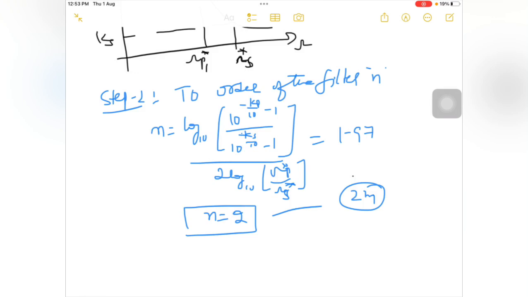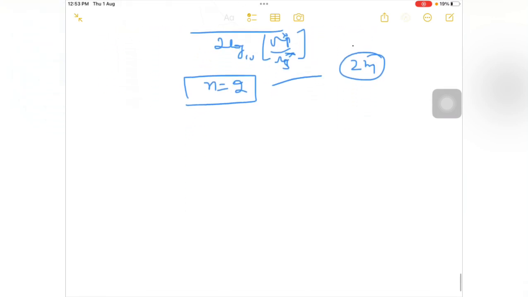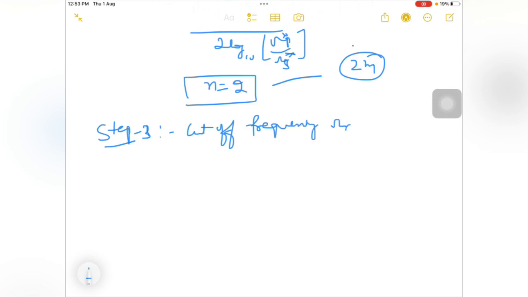Next, once you find the order of the filter, you can calculate step 3, the cutoff frequency omega c. Omega c is omega c1 plus omega c2 divided by 2.